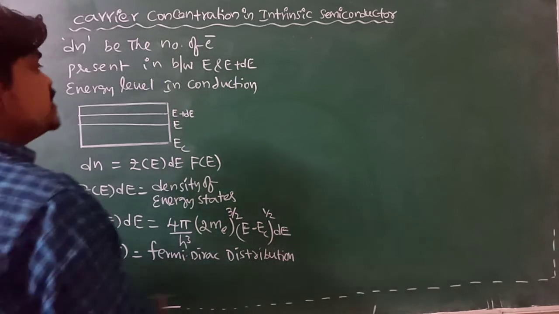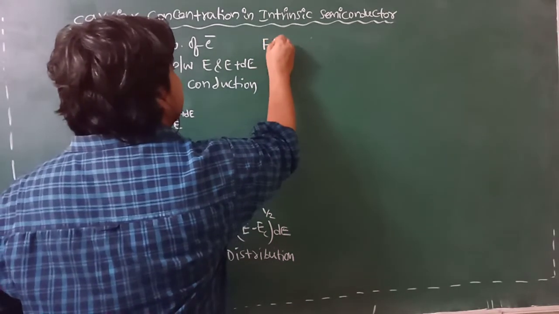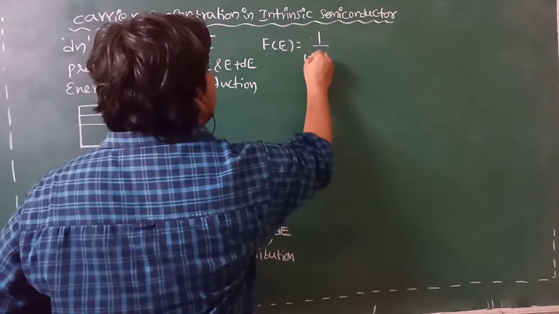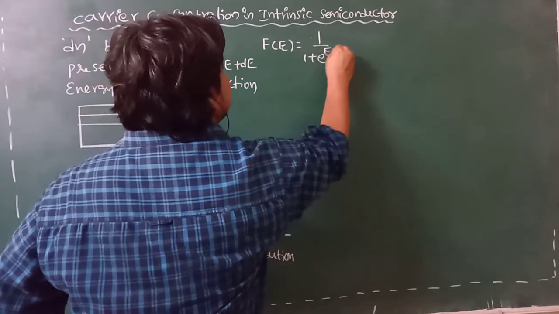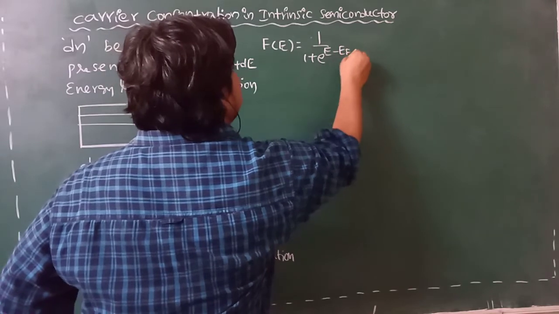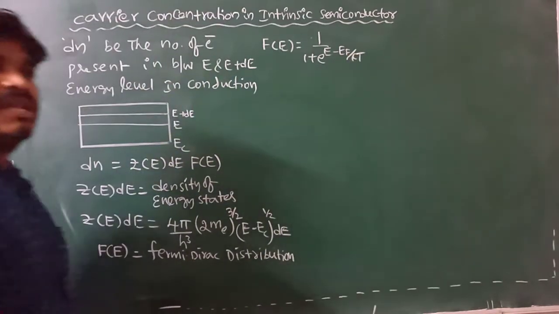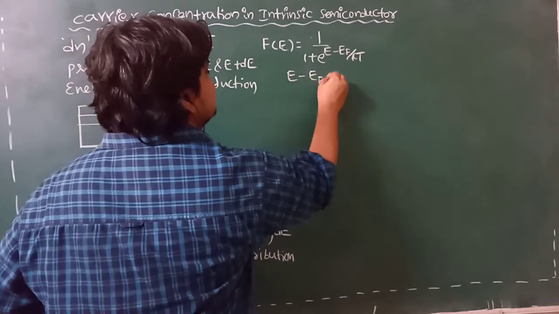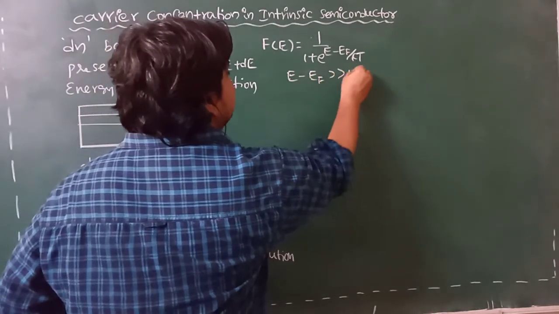As per Fermi-Dirac statistics, F(E) is equal to 1 by 1 plus e power (E minus EF) by kT. Here E minus EF is greater than kT.